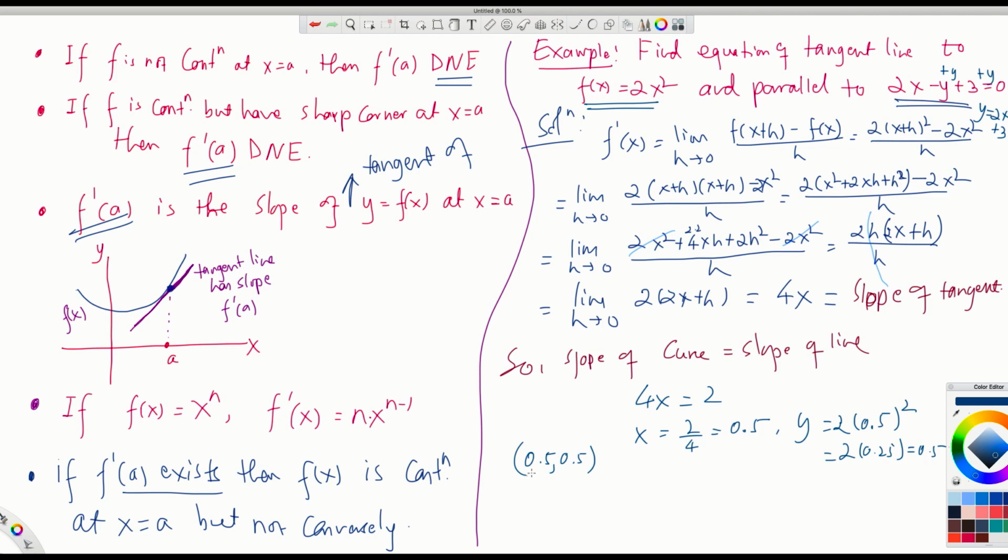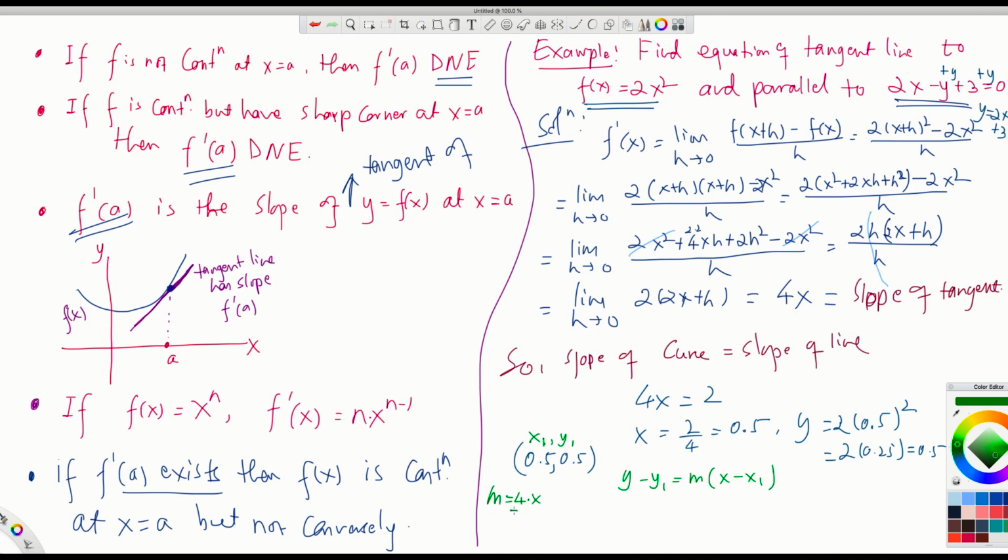So we want to find the equation of the tangent line. How do I find it? It will be y minus y1 equals m times (x minus x1). That is the equation of the line, or tangent line. So this is (x1, y1). And what is m? m is the slope, 4x, so m is 4 times x. But what is x?